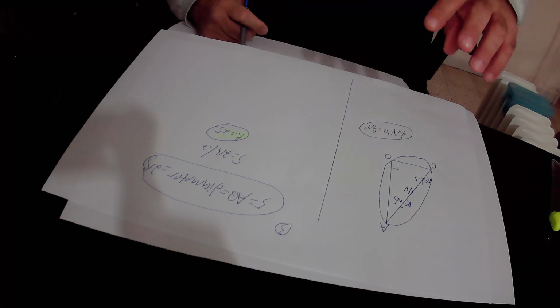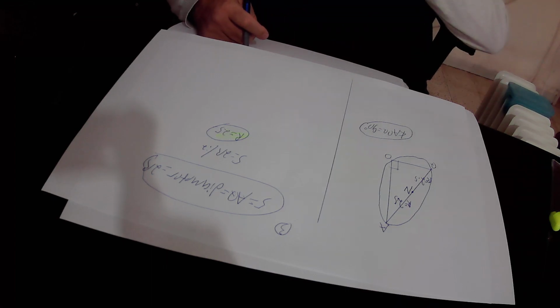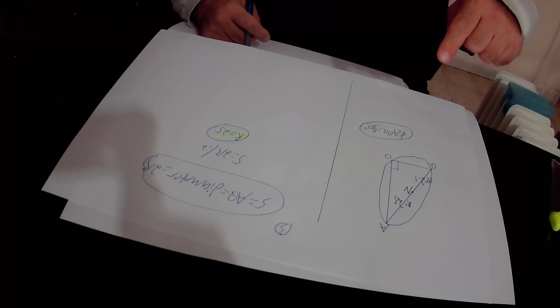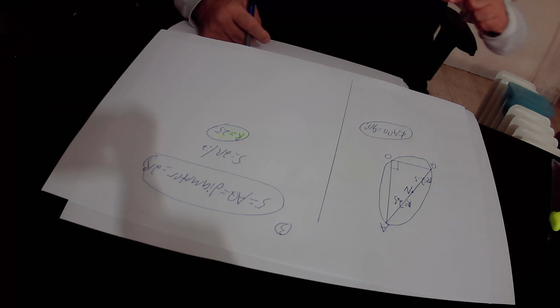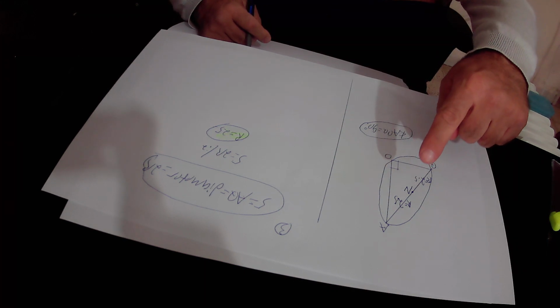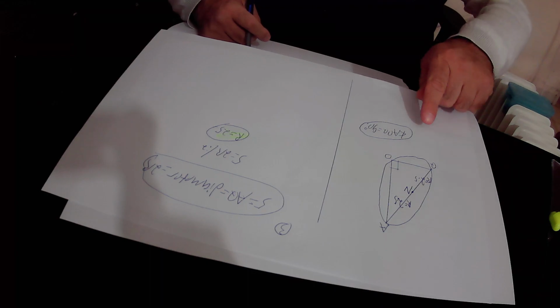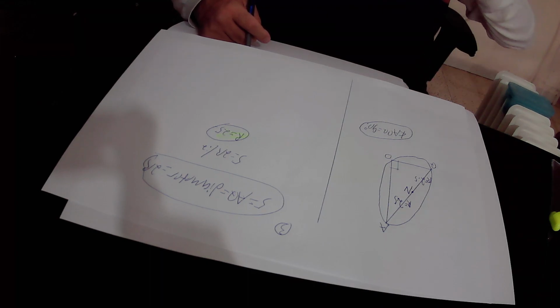Where is the center of this circle? Actually, the center of any circle is located at a point where the diameter is bisected into two halves. The diameter is QA, that is equal to 5 units. 5 over 2 is 2.5.